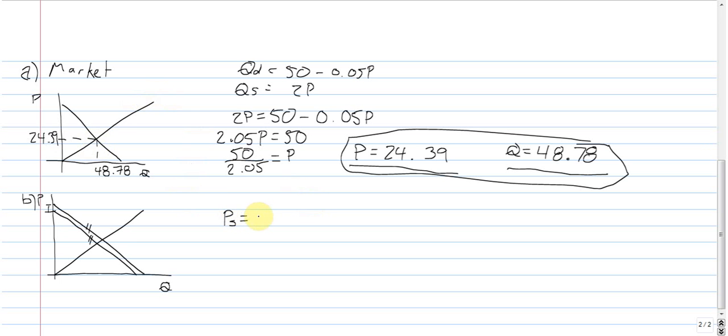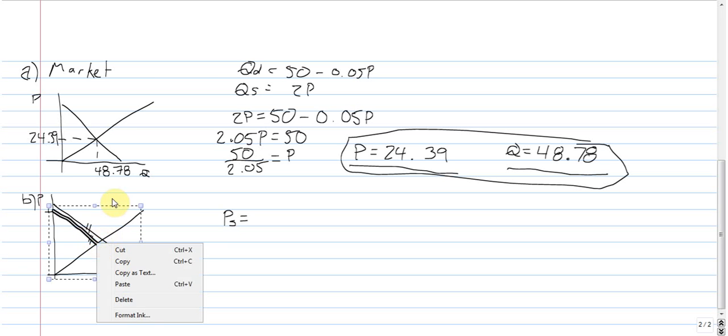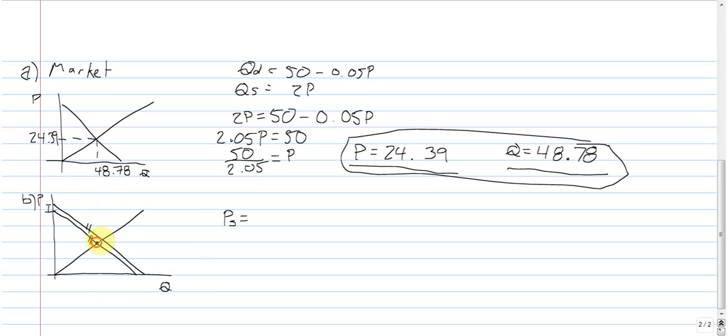So for our price of seller, if we're thinking about this being the new demand curve and this being the old demand curve, we need to come up with some comparison between the two. So I submit to you that the price for the sellers is the price of the demander minus 1, which makes sense with that $1 vertical shift that I discussed earlier.